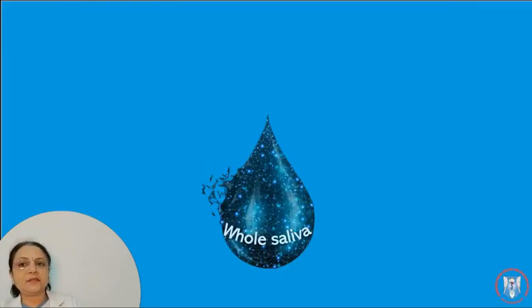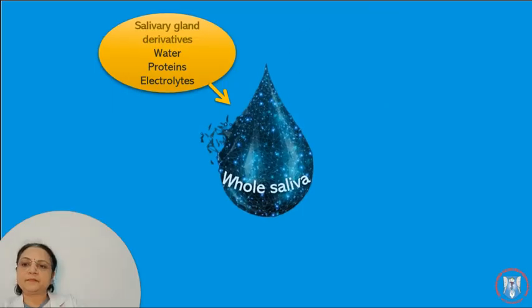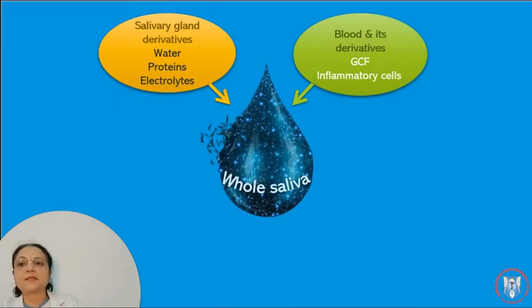When we talk about whole saliva, we should understand that it is made of salivary gland derivatives, as we learned in the previous slides. Next, it also has contributions from blood and its derivatives.